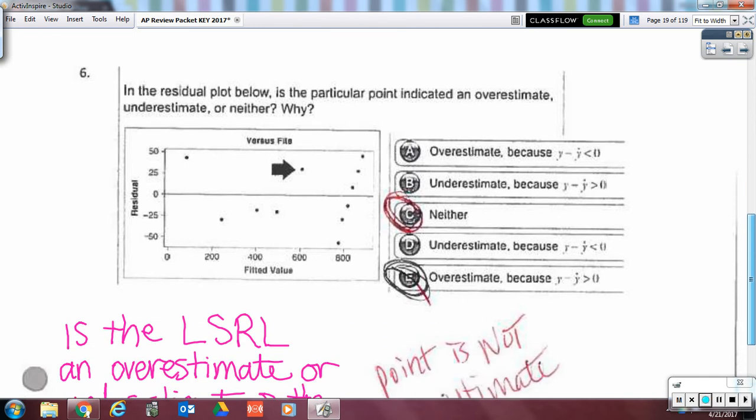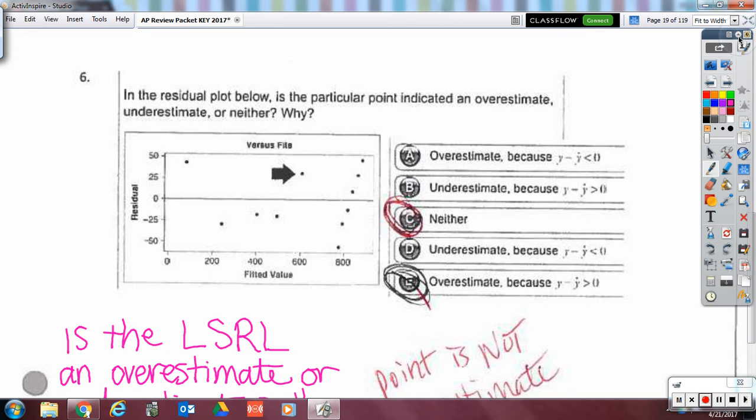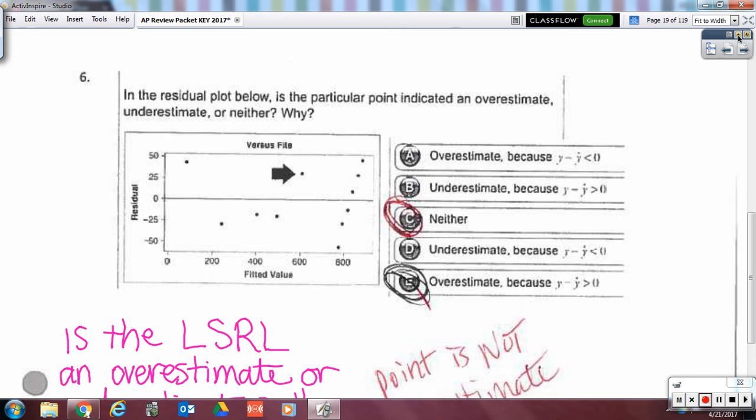This is a really good question to have a discussion on, so let's do that right now. The question says, in this residual plot below, is this particular point right here an overestimate, underestimate, or neither? Well, all of these points actually occurred.